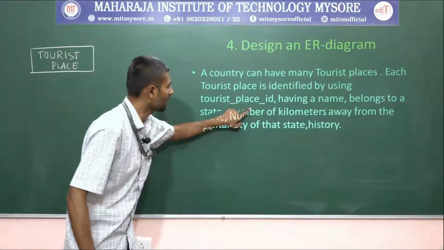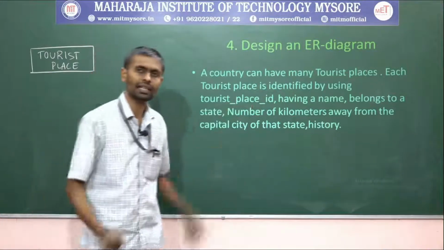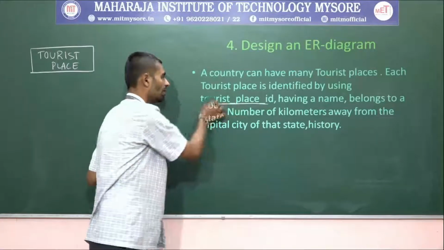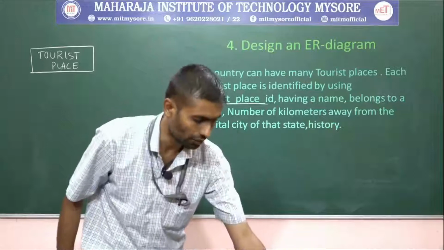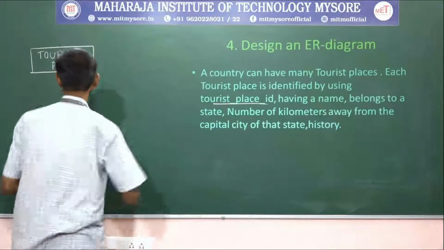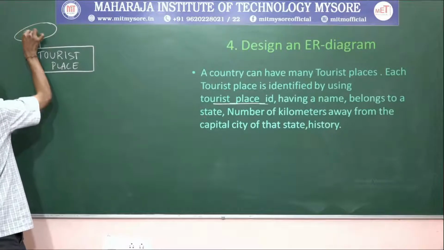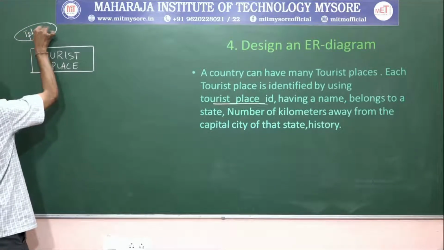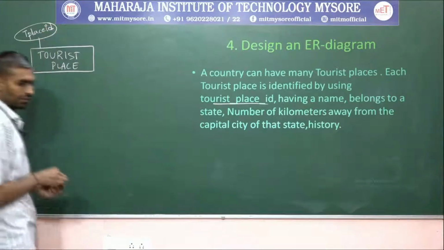So tourist place is identified by using what? Tourist place ID. It's an indication that the tourist place ID is to be treated as a key attribute. Let me draw this tourist place ID. Let me call it by the name T place ID, where T represents tourist, short and sweet, right?